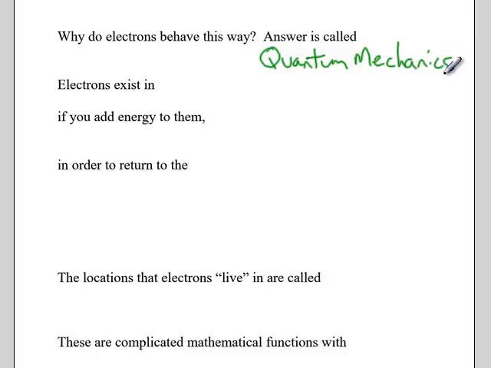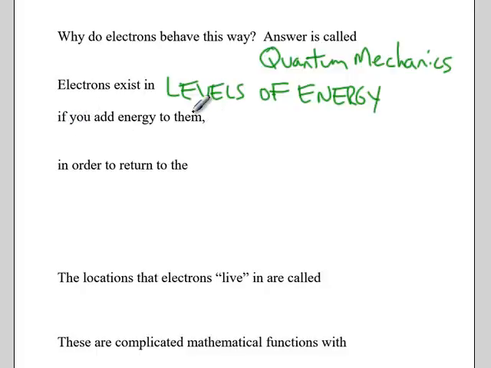The important result for us is that electrons exist in certain levels of energy, sort of like steps on a staircase.